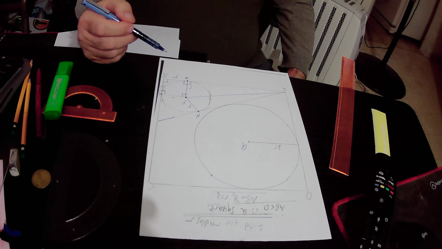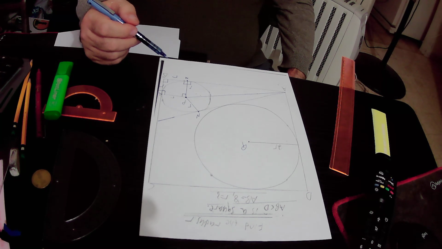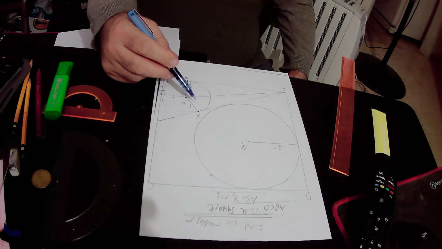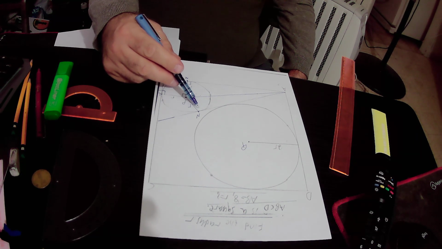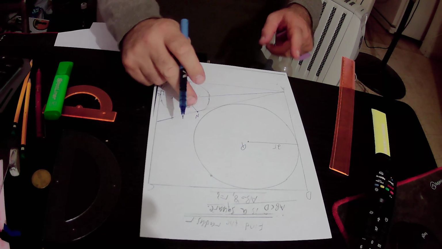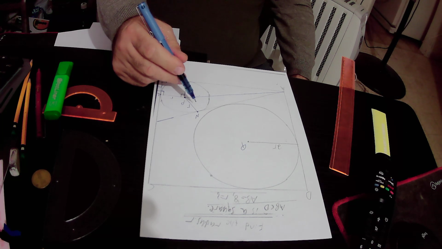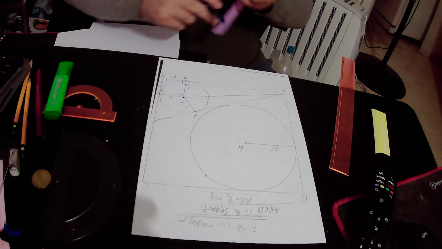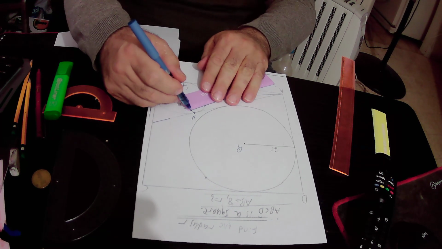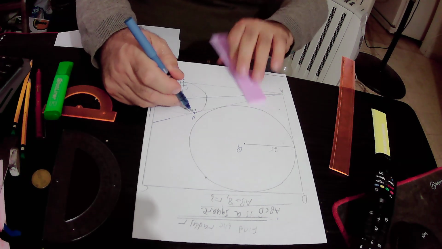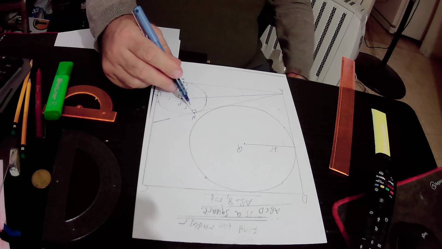And in the next step, we also know that at the point of tangency, point N, the tangent AN is perpendicular to this radius at the point of tangency. That is to say, this angle is a right angle because the tangent is perpendicular to the radius at the point of tangency.